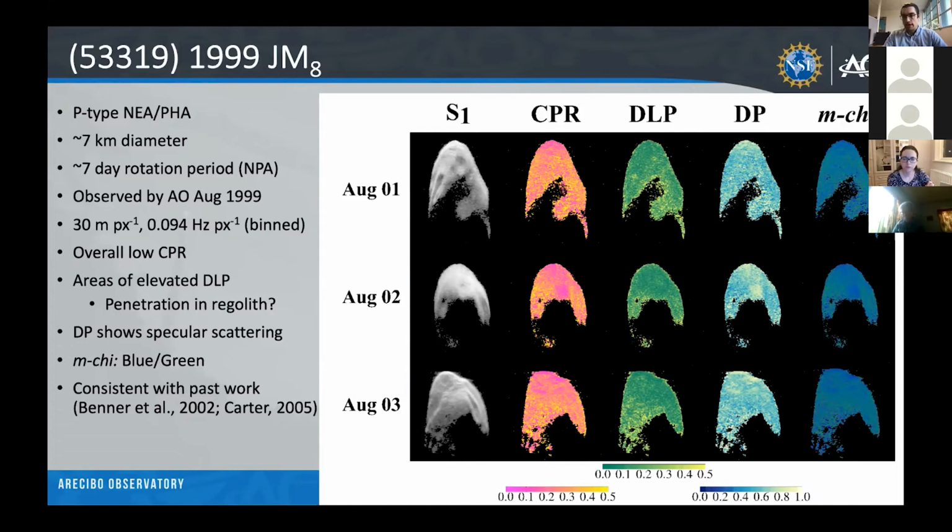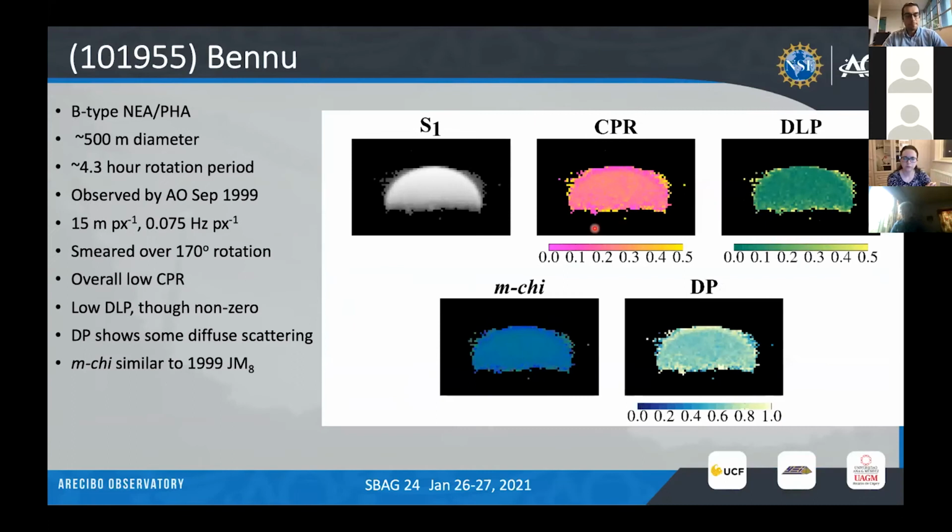The M-chi decomposition here is showing mostly blue and green colors, which show some depolarization is occurring as well as OC power. These results for circular and linear polarizations are consistent with past work on this object.